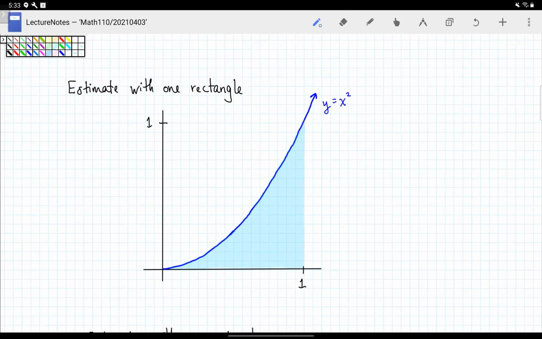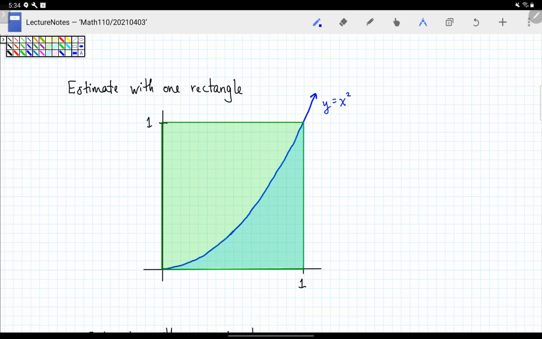And this might seem completely dumb, but we're going to do the dumb thing to begin with. We're just going to take a rectangle that has height 1 and width 1 there. The place where I get the 1 from is the function value from the curve.